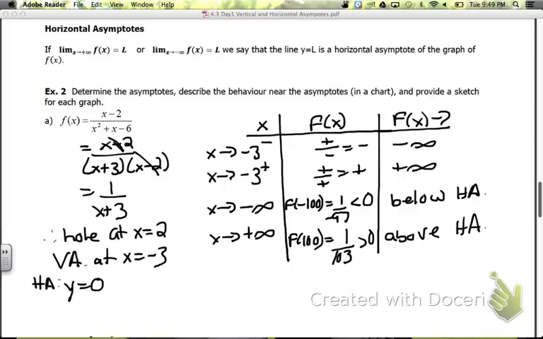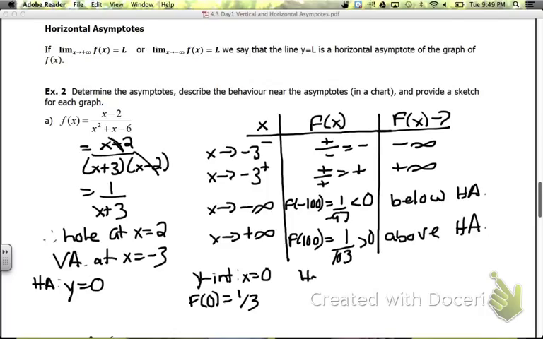Now before we can go ahead and sketch this, we need to find out a couple other values. So where is our y-intercept? Our y-intercept exists at x equals 0. So f of 0 is actually going to be equal to 1/3.